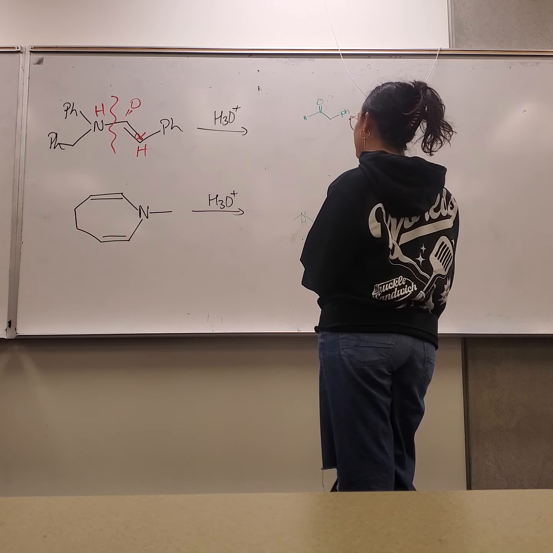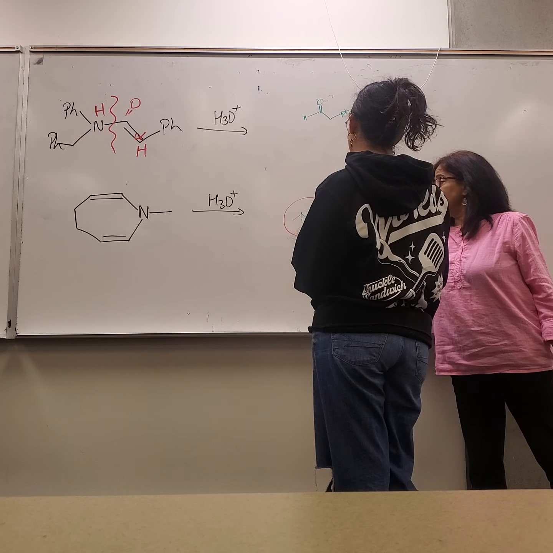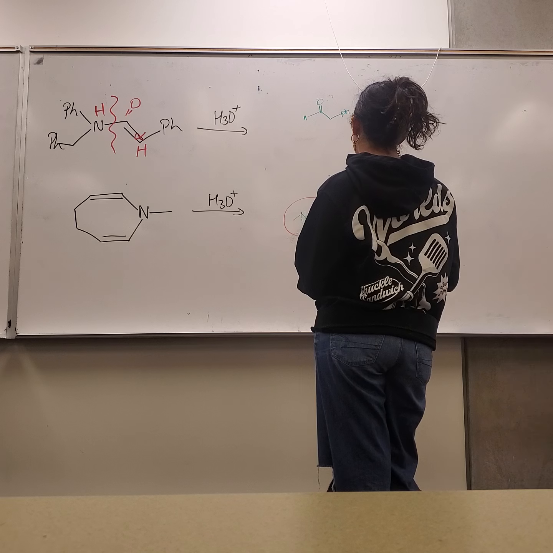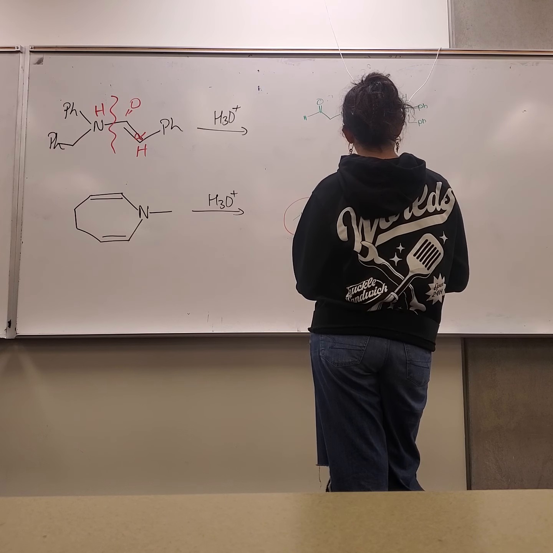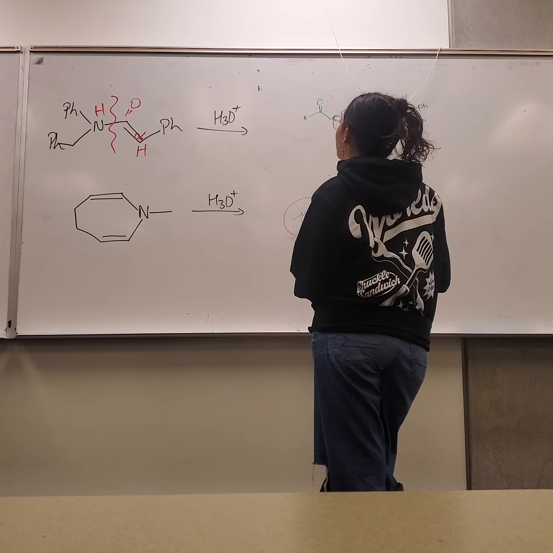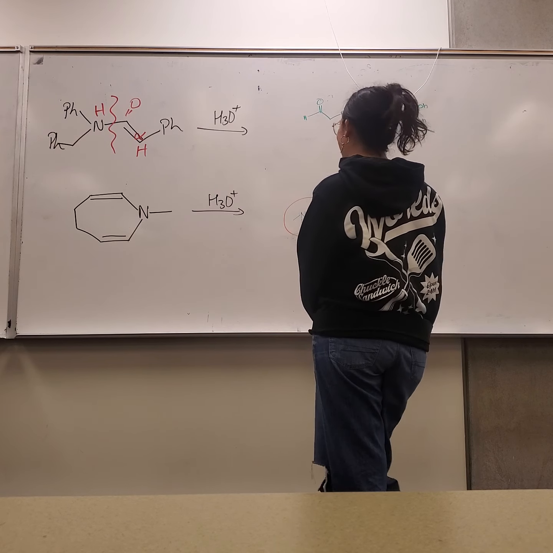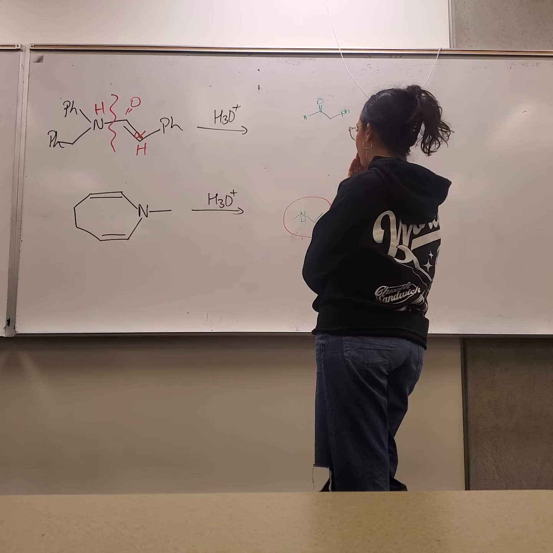What is that? It's an enamine. Enamine. Can't it also hydrolyze? You're making up your own. So this one is a tricky one. It's a creative way of doing this reaction, which is not exactly like what you see.